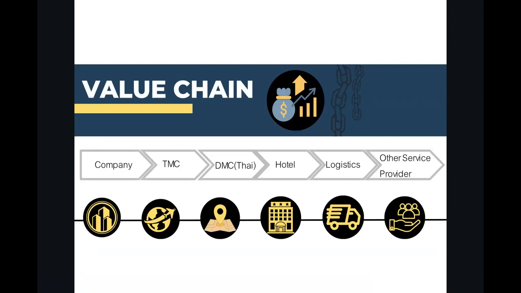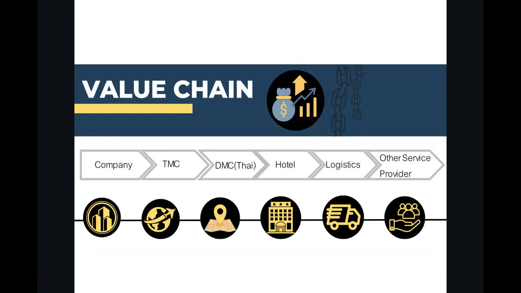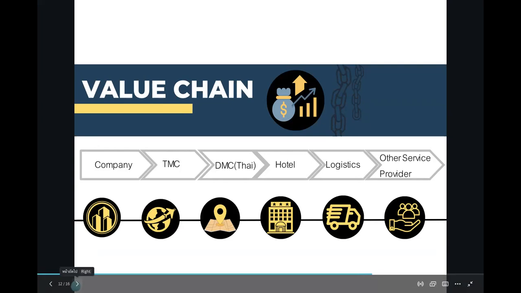Value chain. The value chain is a framework presented in the Strategic Meeting Management Process handbook (SMMP), developed by Meeting Professionals International (MPI). There are many types of value chain. First is the company's intention to host a corporate meeting.